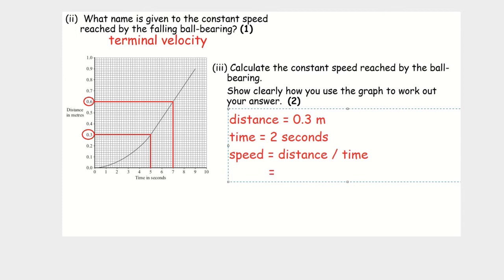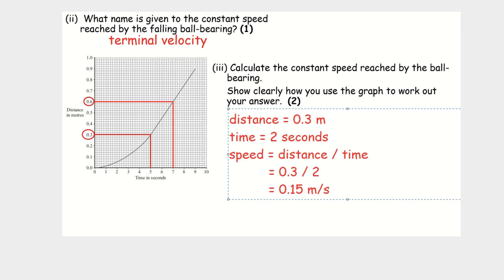So the speed is the 0.3 divided by 2, and then I work that out on my calculator. I'm working out half of 0.3, which is 0.15, and I'm making sure I put in my unit meters per second.